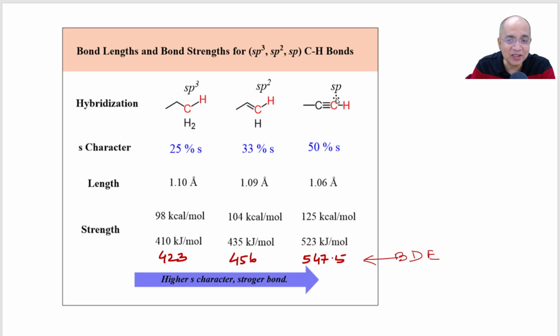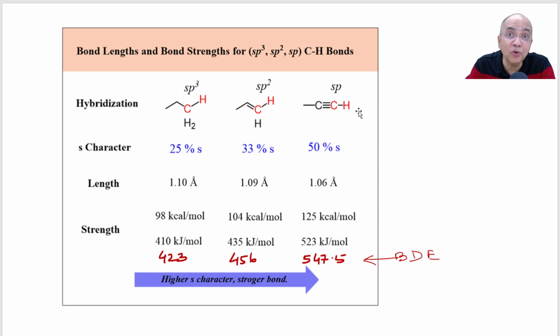So the more is the percentage of s character in a particular bond, may it be CH, may it be CC, whatever. This is CH compared between CH bonds, but more s character means stiffer, stronger bond.